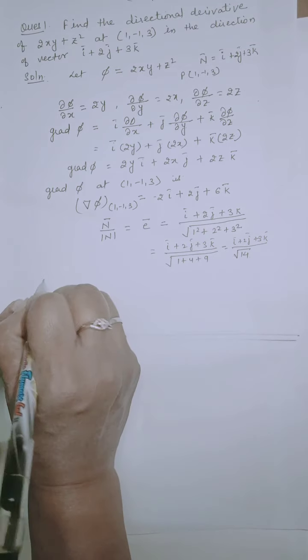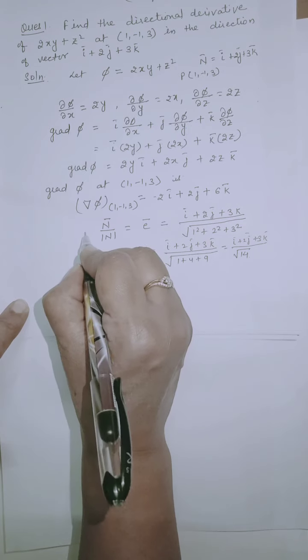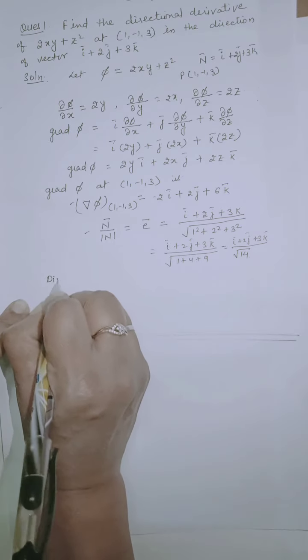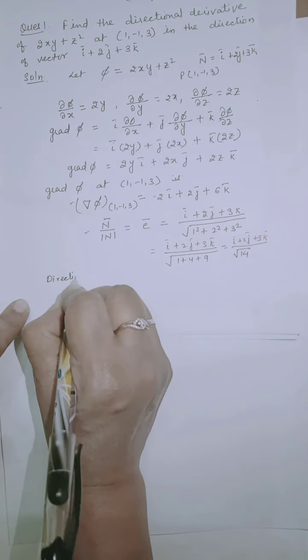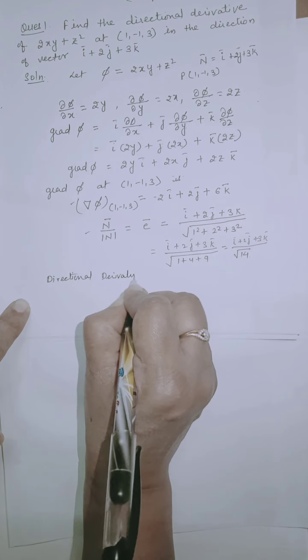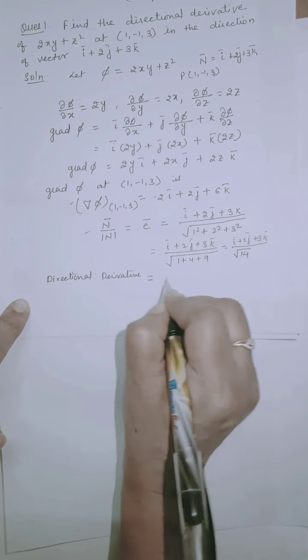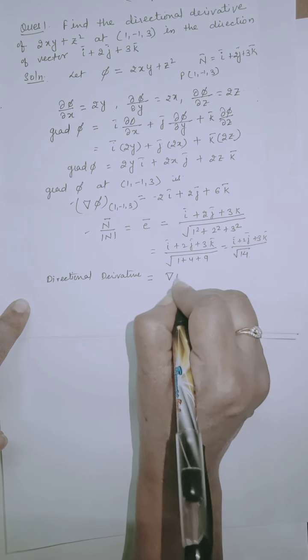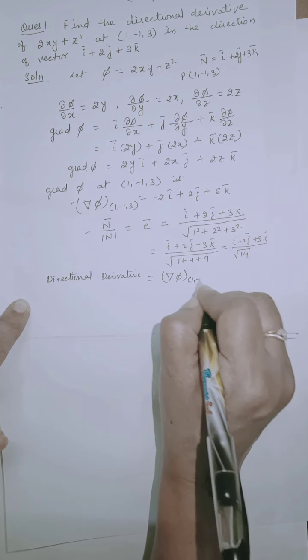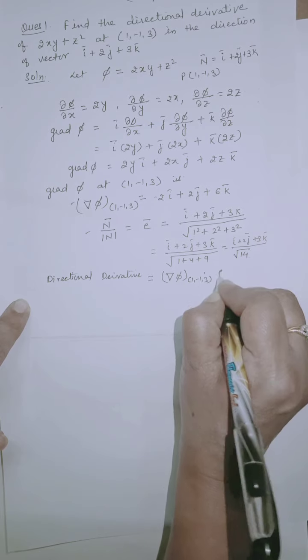Right. So let's substitute. Now we have got this and we have got this. So just put in the formula for directional derivative. So your directional derivative is equal to the value of grad phi at given point 1 minus 1 3 dot E bar.